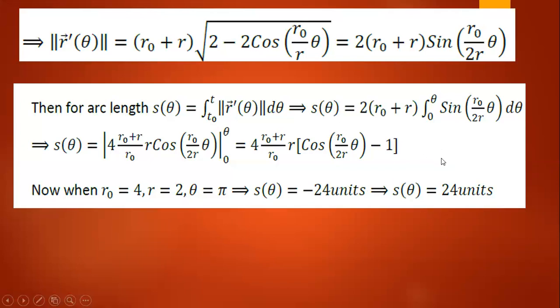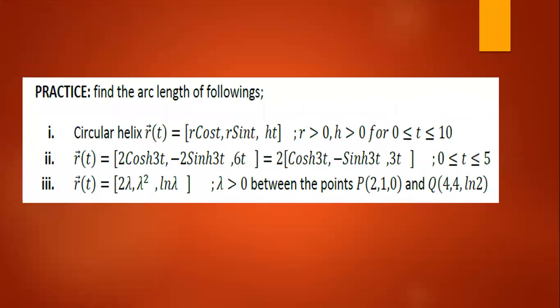Why units? Because arc length is a length, so it must be in some units, whether feet, meters, centimeters, whatever is used. So as it is a length, we get 24 units as the answer. The negative just notes the direction of the arc length.